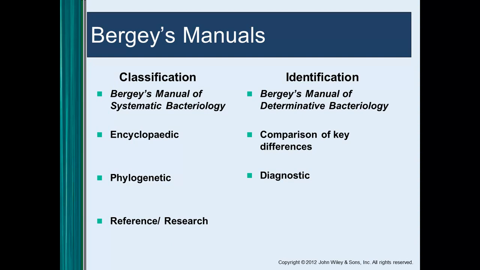Now, let's discuss Bergey's manuals. Bergey's manual is really the accepted reference on the identification of bacteria. This was originally published in the 1920s, and since then 8 editions have been revised and published.